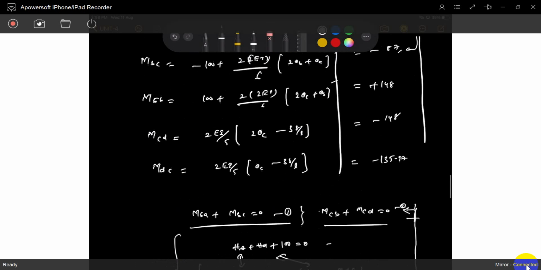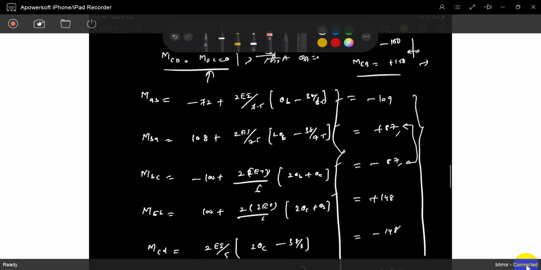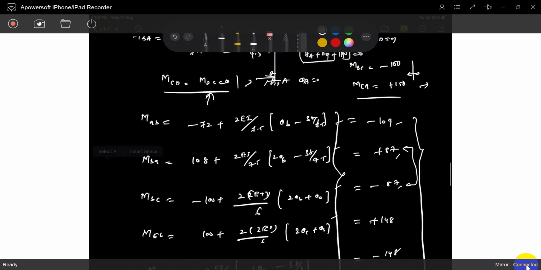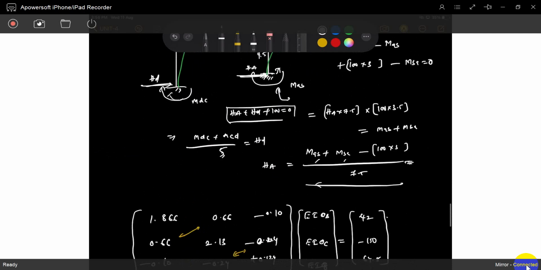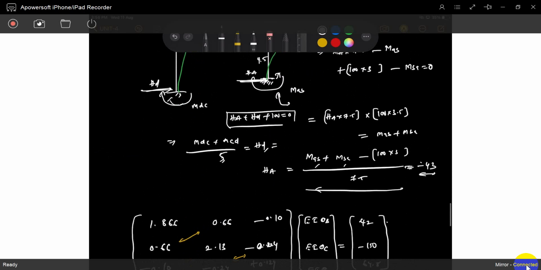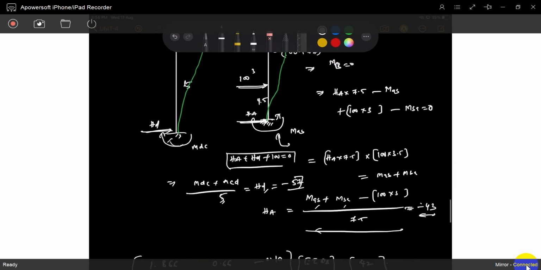MA is 109, MB is 87. Understood? So what will you get? HA will be minus 43. HD will be minus 57. So it's the opposite direction. So it's 43, and 57 for HD.